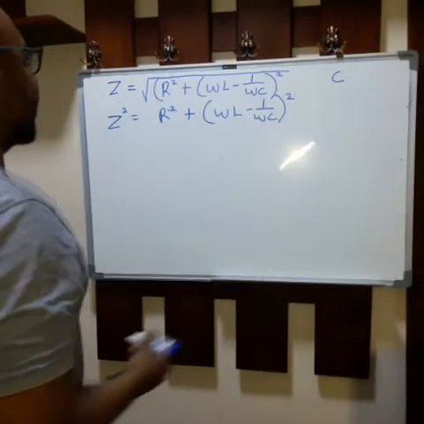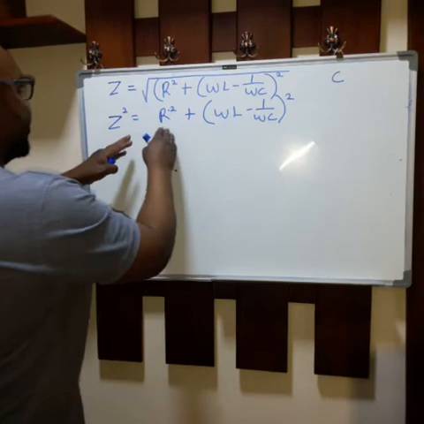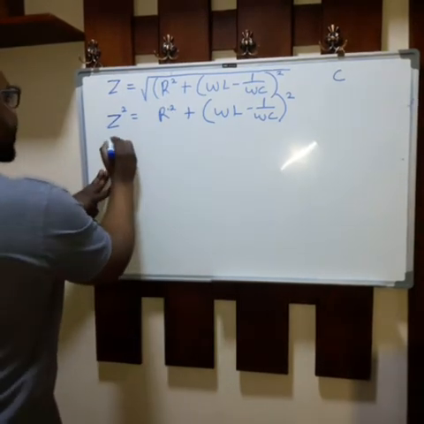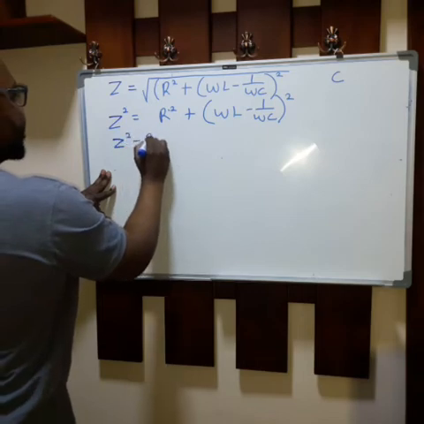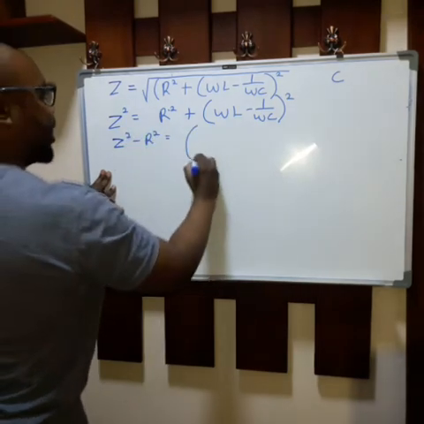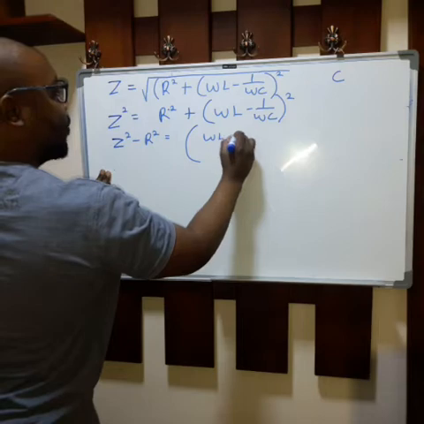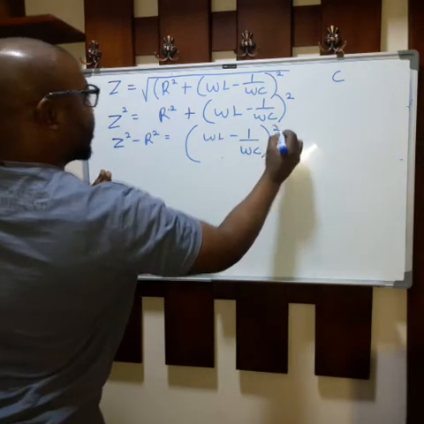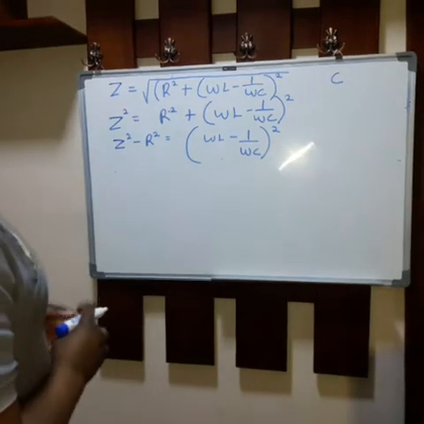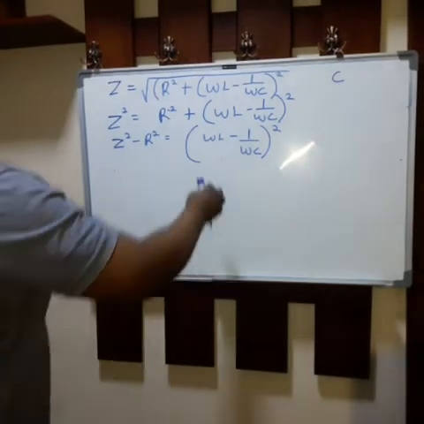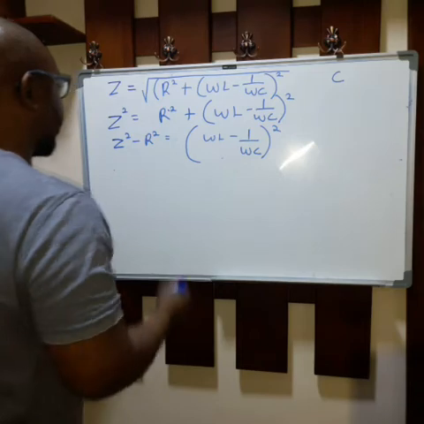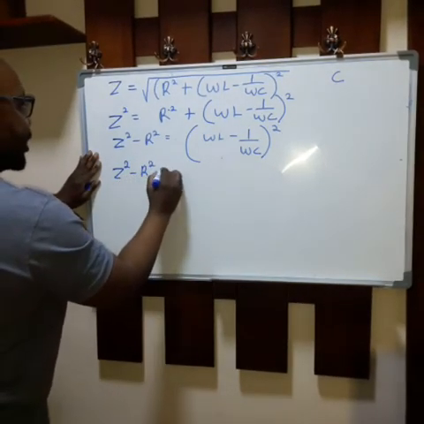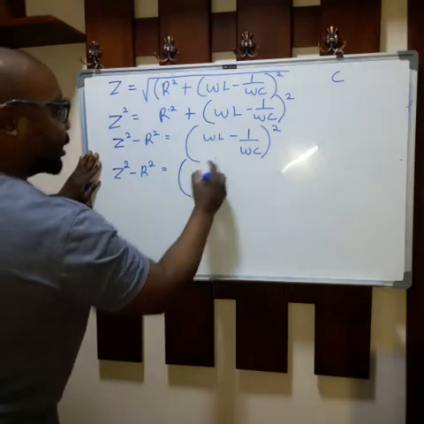The second step is I can move this variable to the left side. It will be z squared minus r squared is equal to bracket wl minus 1 over wc squared. Okay? Once I am done, what I can do is I can work out what is in the bracket. It will be z squared minus r squared is equal to open bracket.